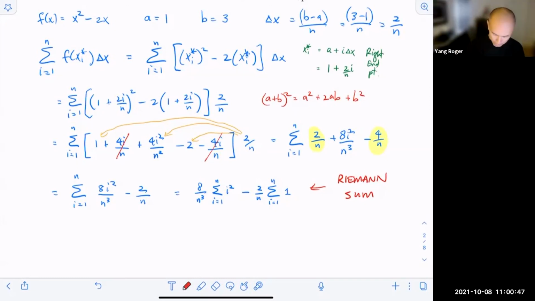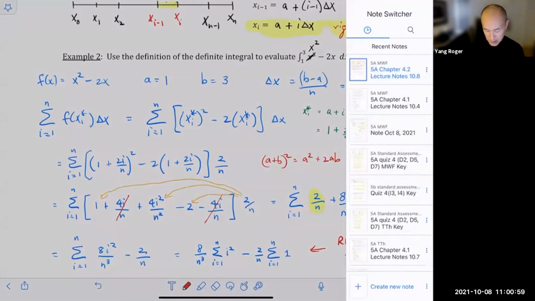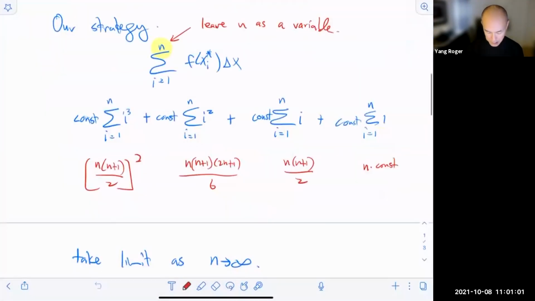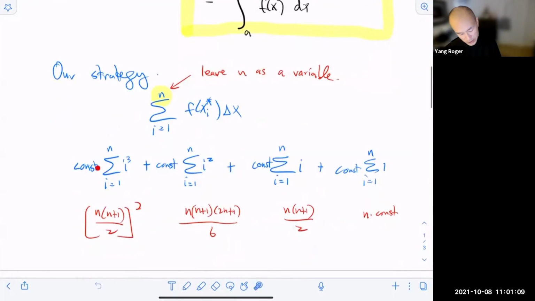Great. So let me go back and remind you of our strategy. Our strategy was we're first going to work with the Riemann sum. Our ultimate goal is to split it up so that it's a sum of i cubed, sum of i squared, sum of i's, and sum of 1.